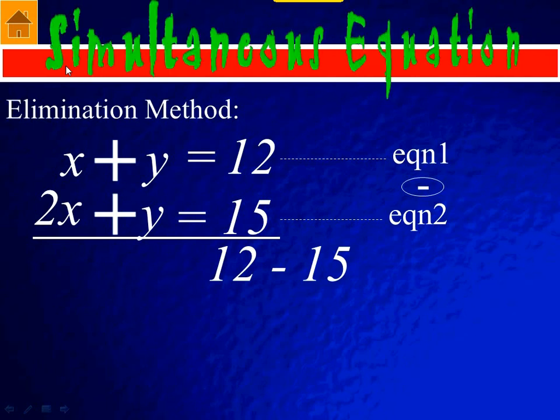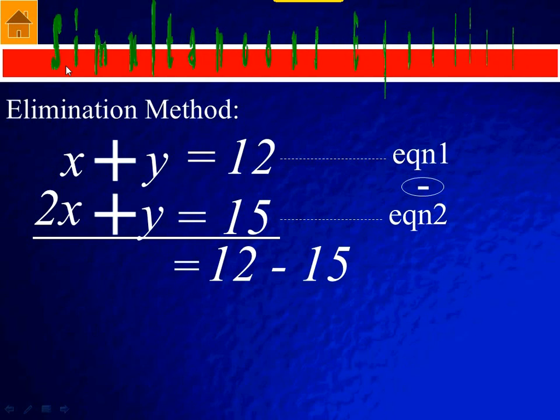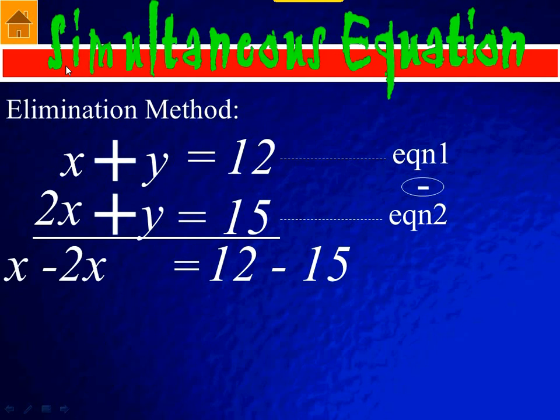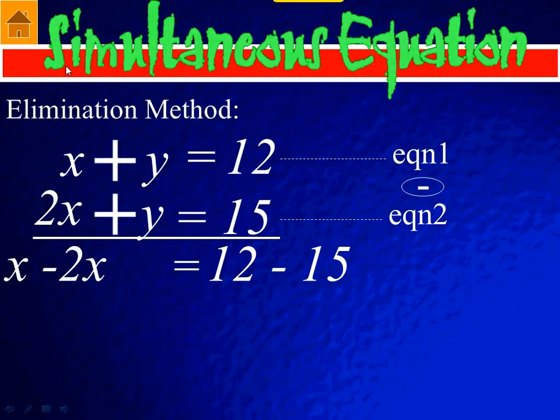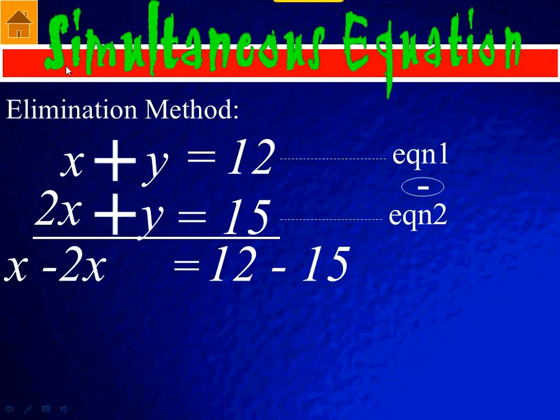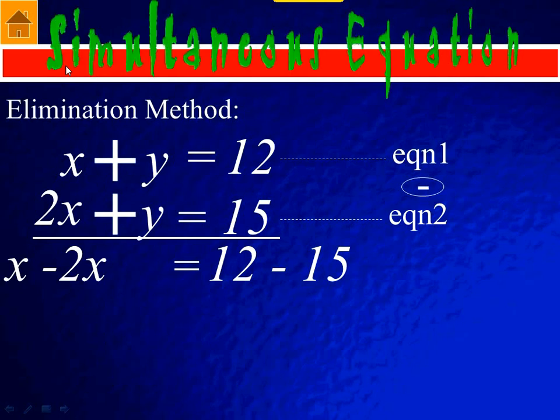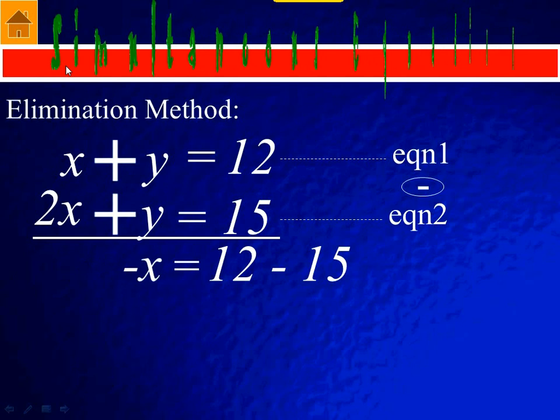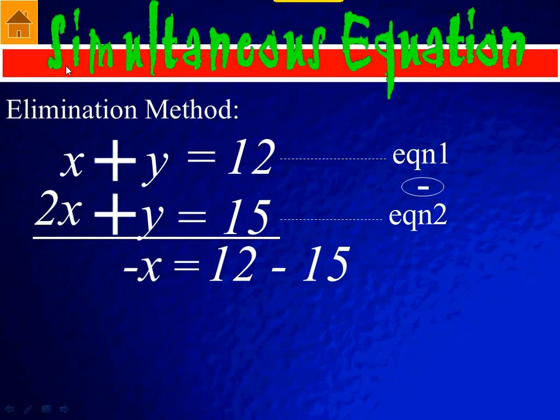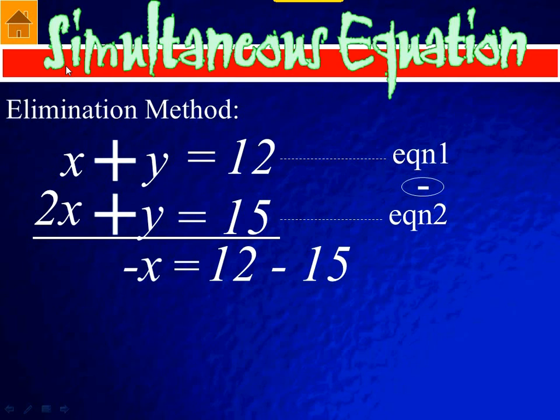On this side, y subtract y goes to 0, so that is left out. And then x subtract 2x gives us x minus 2x. Let's simplify this. That gives us minus x, and 12 minus 15 gives us minus 3.